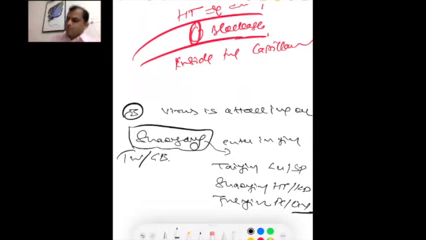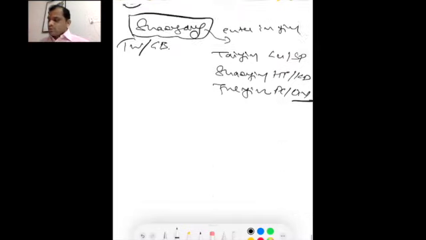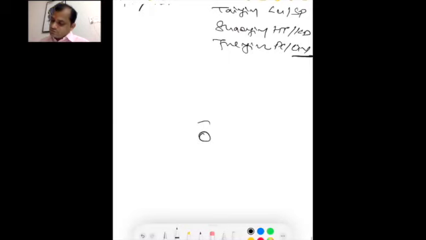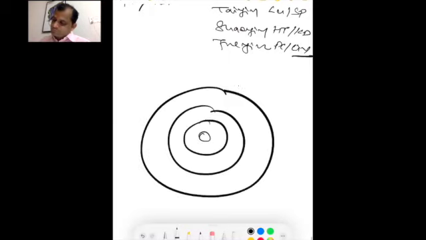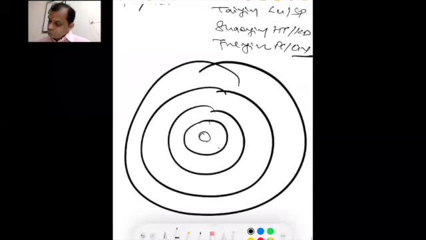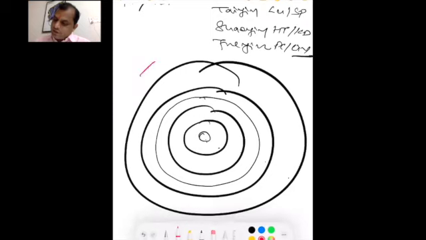So this is the sequence of all the six phases. When we talk about the six phases, the outermost layer is called Tai Yang, small intestine plus urinary bladder.